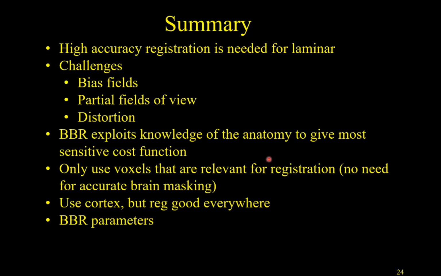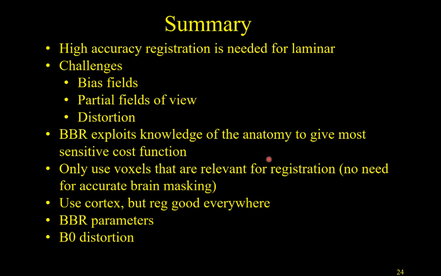You can change voxel size, you can change field of view, you can change bias fields, and the cost function just kind of doesn't care. You can get something a little bit narrower, but that's the nice thing about BBR, that tweaking these cost function parameters doesn't generate a huge change in the topology of the cost.